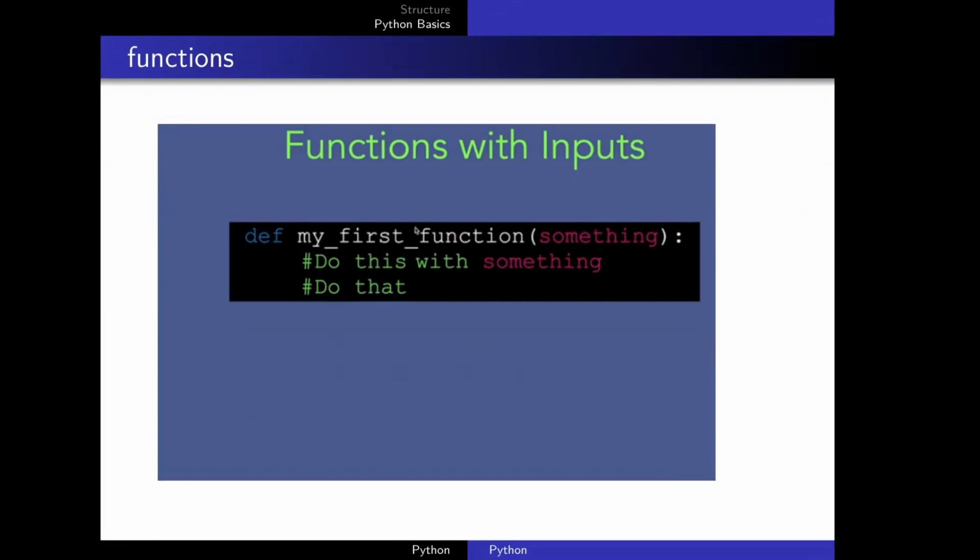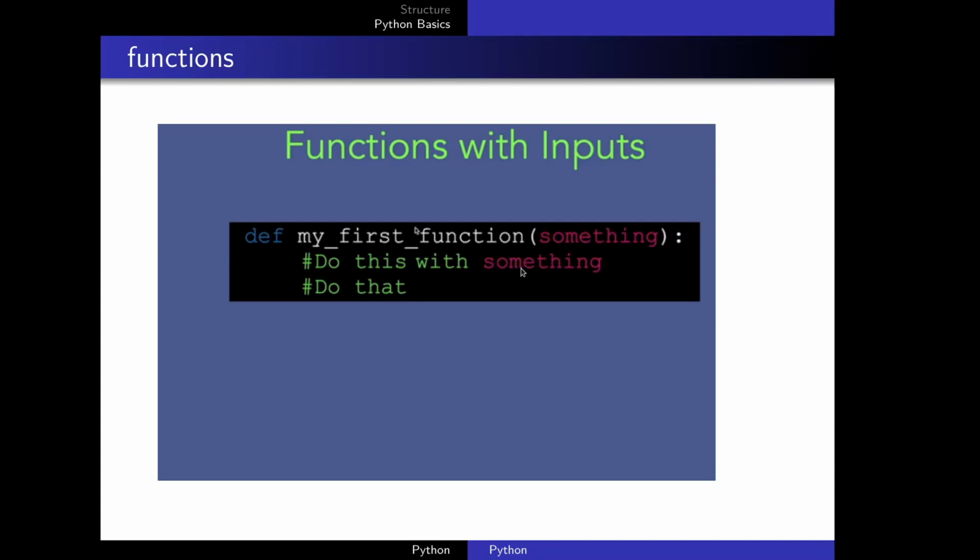In the function definition, I can give a variable name like this. Then I can say do this with something here. Do something with this something.